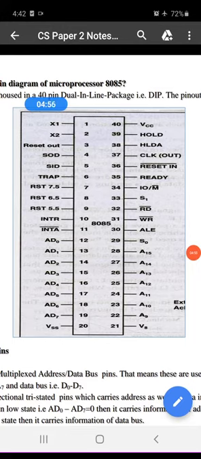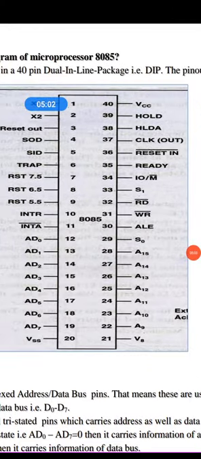So these are the MSB of the address bus. Then pin number 29 is S0, a status signal pin which works with S1, pin number 33, and IO/M bar, pin 34, to create the status so that memory or input output can be read or written.